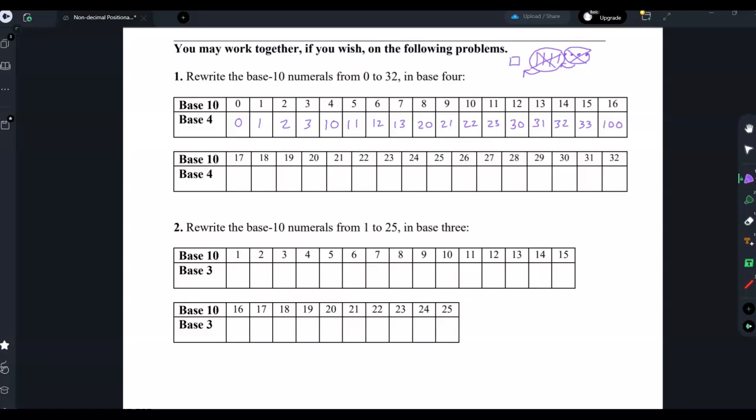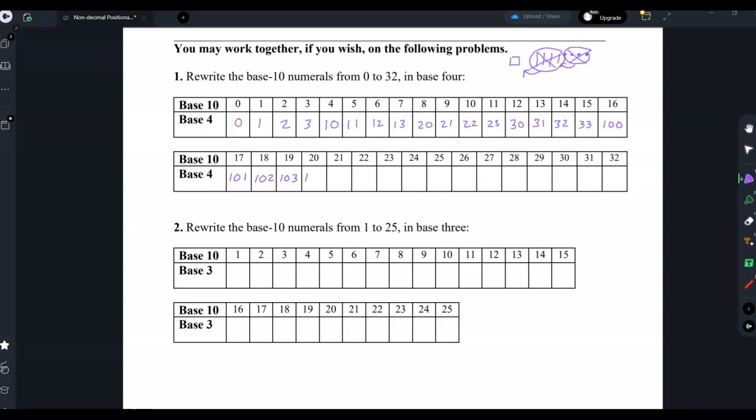And now I keep going. So next would be one group of 16, 0 groups of 4, 1 unit; one group of 16, 0 groups of 4, 2 units; one group of 16, 0 groups of 4, 3 units. And then I'm going to get to my 4th unit, so that's going to give me another group of 4.